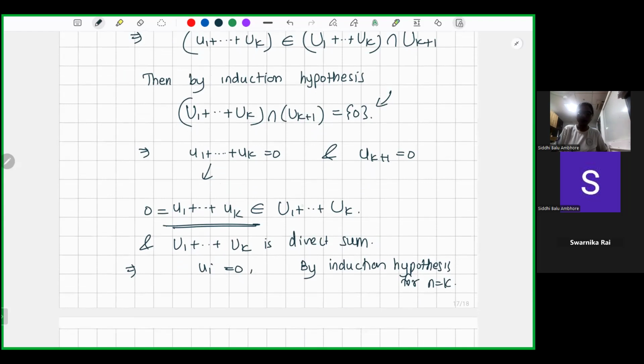And from here we went back by one step. So we are removing uk plus 1 now, and we are only in u1 to uk, and that is my induction step.